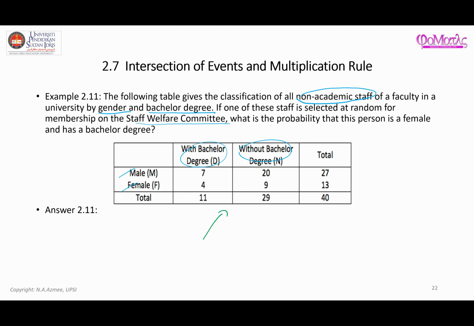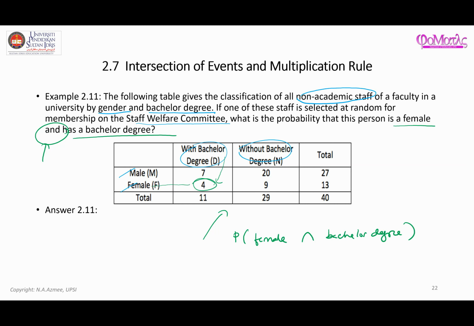If you want to find the probability the person is a female and has a bachelor degree, the keyword here is and, so this is clearly an intersection problem. Here we have to find the probability of female intersect with that person having a bachelor degree. Since the information is given by a table, we can clearly point out the position where there's female and there's bachelor degree.